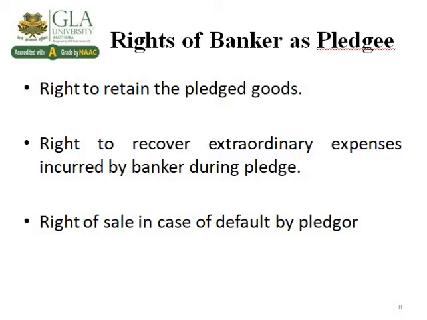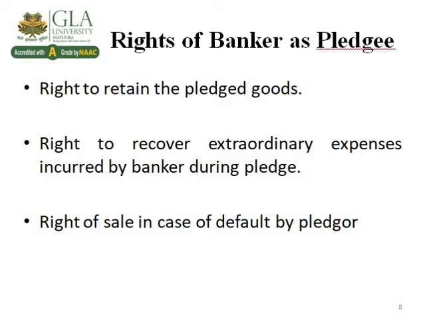Once the banker has taken and retained the pledged security, in order to maintain that collateral security, if the banker has any kind of extraordinary expenses in taking care of it, the banker has a right to recover those expenses incurred during the maintenance of that particular pledge. And the third point, most important, is the right of sale in case of default by the pledger.